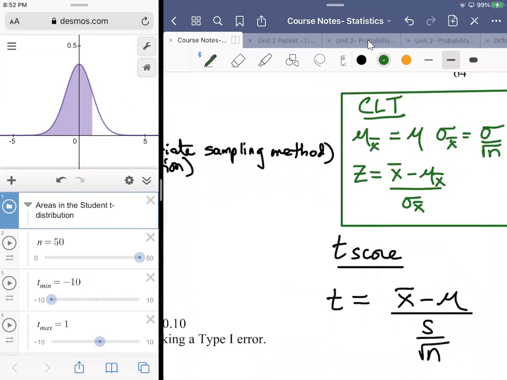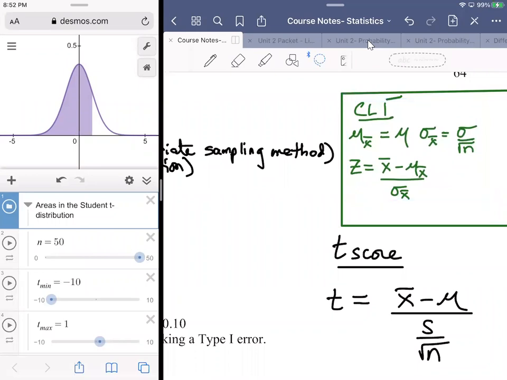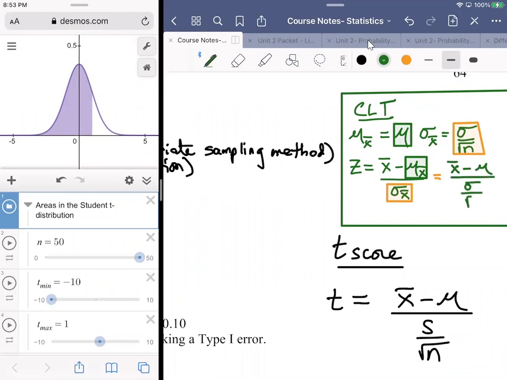So it would be, make it a little smaller. So I can replace this with this, and I can replace this with this, just to keep it nice and clean. X bar minus mu over sigma over the square root of n.